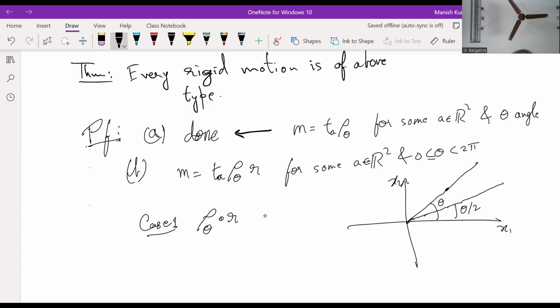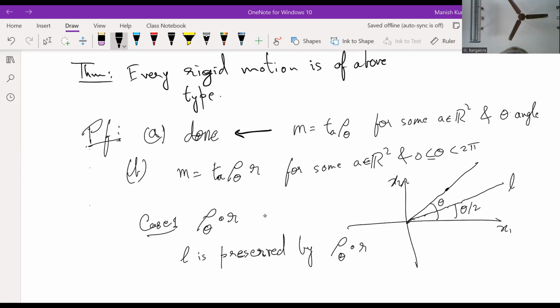So under this isometry, this line L is preserved by rho theta composed R. It fixes L, and it is actually a reflection about this line.